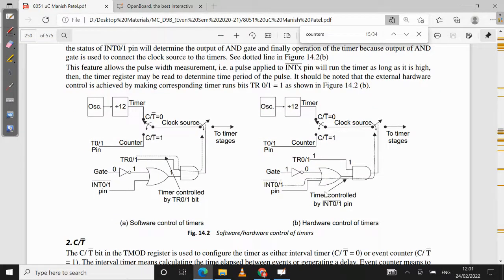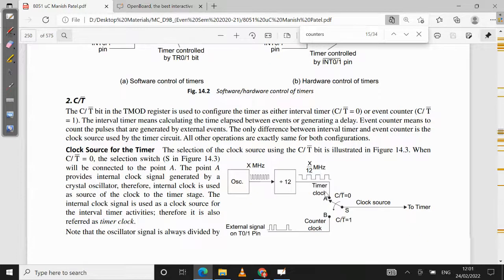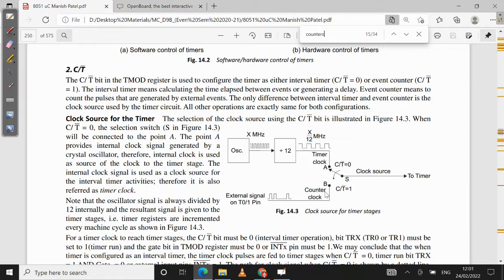So to explain you, I want everyone to pay attention here now. आप 8051 को काउंटर बोल के यूज कर रहे हो या फिर आप 8051 को टाइमर बोल के यूज कर रहे हो, for that this is the figure. Okay, see on all of you, I want everyone to have a keen observation.